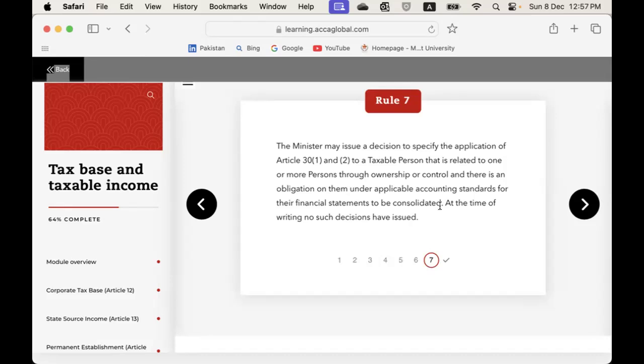By the way, if I remember correctly, you cannot prepare consolidated financial statements based on common control under IFRS 10. It has to be a parent-subsidiary relationship, where control exists. Just common control may not be the criteria.